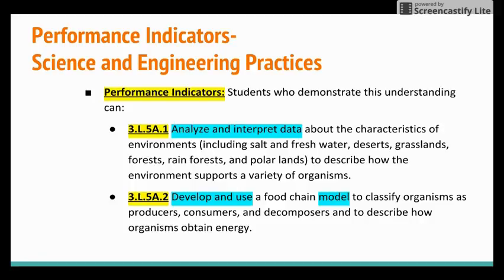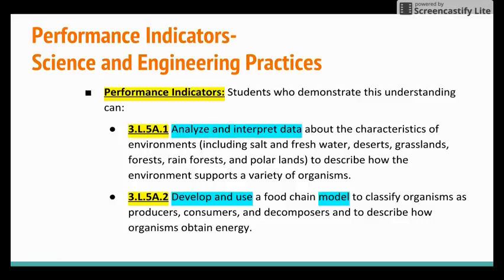Now we're looking at just 2 of those here in this example, analyze and interpret data, and develop and use models. Now what these tell you is that the way these performance indicators tell you as the teacher that students are going to learn all this information about the characteristics of environments to describe how they can support the variety of organisms is through analyzing and interpreting data.